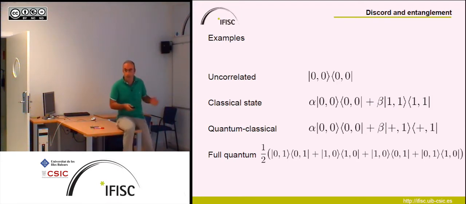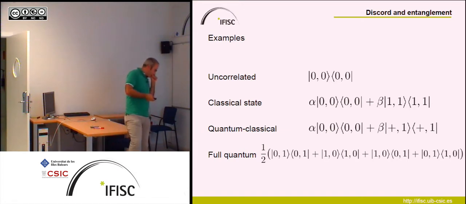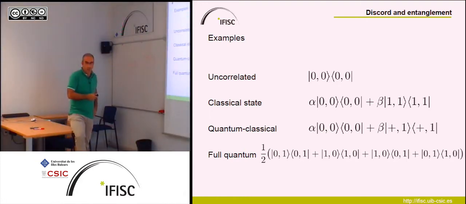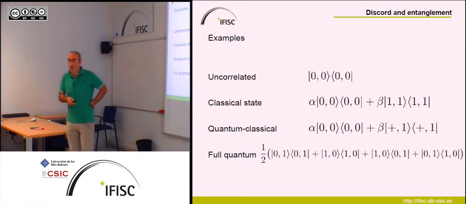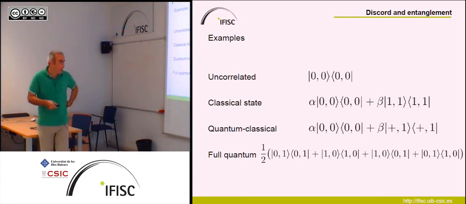Some trivial examples of different degrees of correlation. The state is completely uncorrelated: it's just a product of a state for A and another state for B. The state is classical when there are correlations: you know that the result of the measure of the first object is equal to the result of the measure of the second object, but the correlations are fully classical.